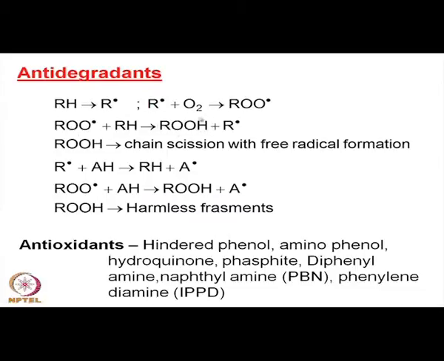This is again more reactive, more harmful than the R radical or peroxy radical. So, it forms hydroperoxide as well as generating one more free radical. There is a chain of reactions initiated here, which gradually increases in rate and in the concentration of these radicals, and that leads to chain scission, breakage of the rubber chain.